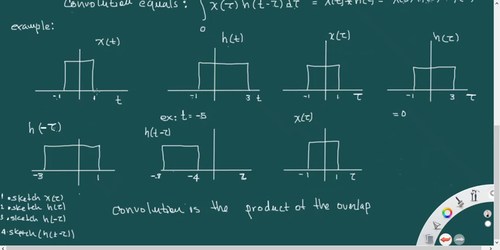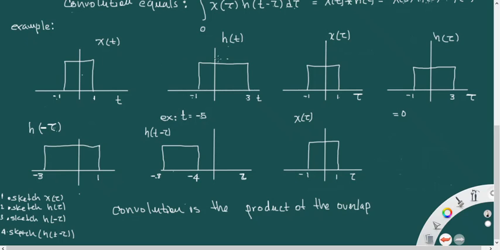This is a kind of rectangular impulse, and it is the input of the system. The impulse response of the system is h of t, and let's suppose that h of t has the same height, a value of 1, but goes from -1 to +3 in the time domain. So this is x of t, and this is h of t.